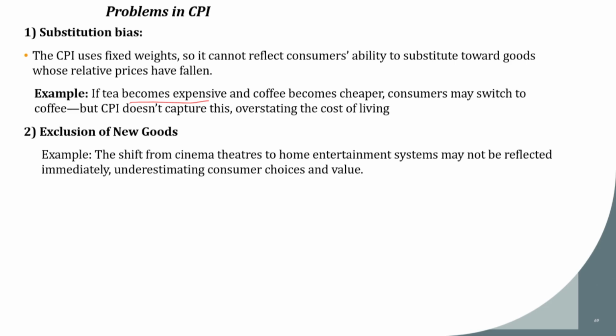So just take an example here. If tea becomes expensive and coffee becomes cheaper, then the consumer may switch to coffee. But CPI doesn't capture this, overstating the cost of living. So for example, assume that 1 kilogram of tea is part of the consumer basket. Similarly, 1 kilogram of coffee is also part of the consumer basket.